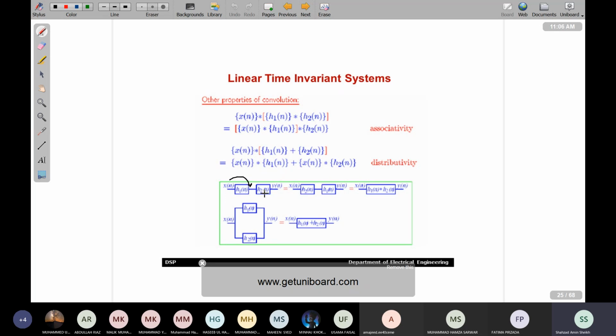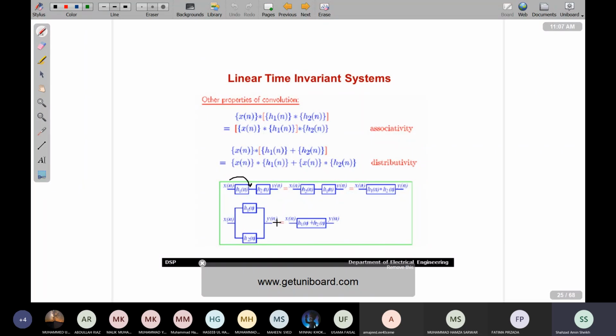Here the systems were in series. So अगर इस तरह की situation है, the distributive property will come into action. Either you convolve x of n with h1 of n and obtain some value, and then convolve x of n with h2 of n and obtain some value, and add both of these outputs together to get the y of n.